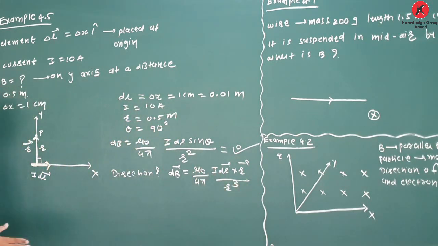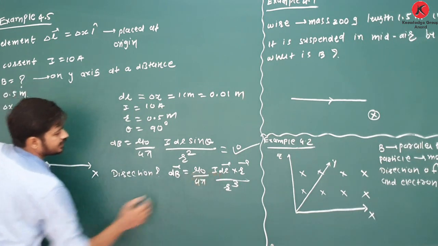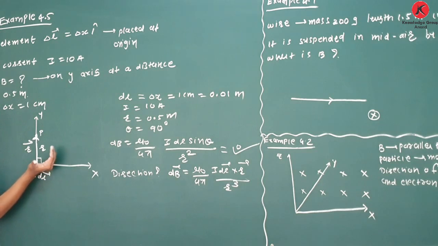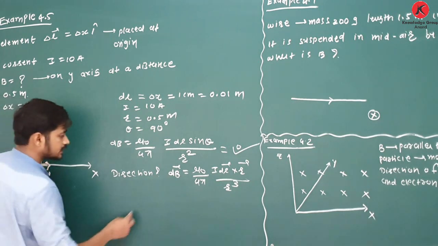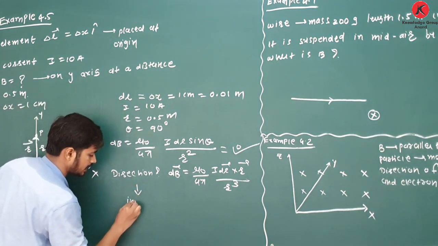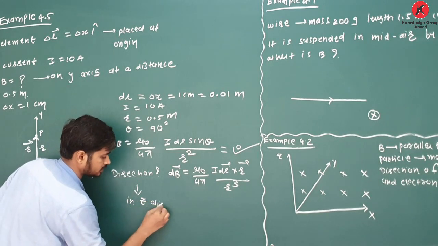Remember this point, r cube. Okay. So see, first vector is I dl. Yes, it is I dl. r is in this direction. Then thumb is perpendicular outside. Again, I dl in this direction, wrap fingers towards r. Thumb outside. It is x, y. Z axis is perpendicular outside. And yes, direction is in Z direction. Correct.